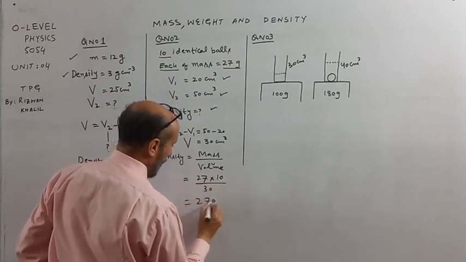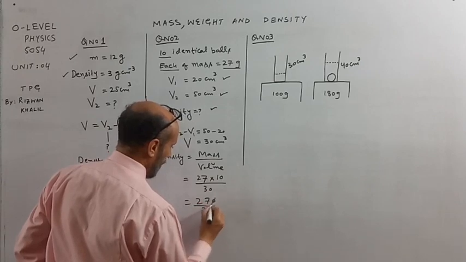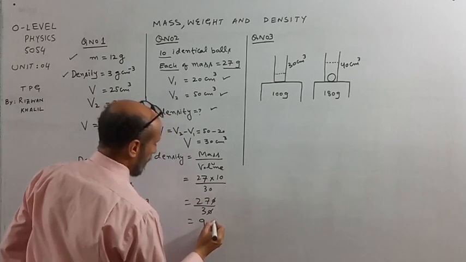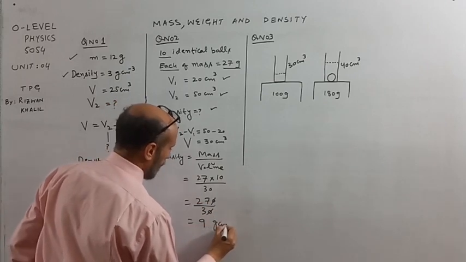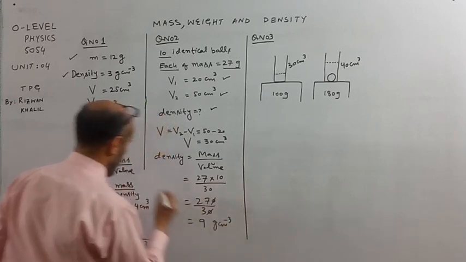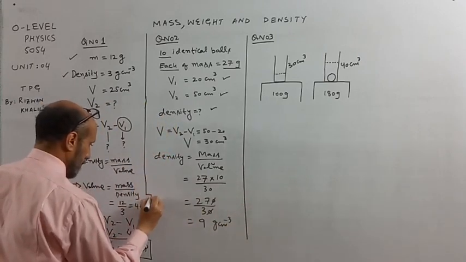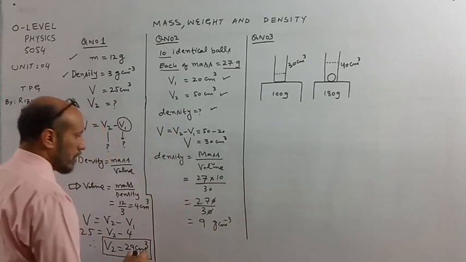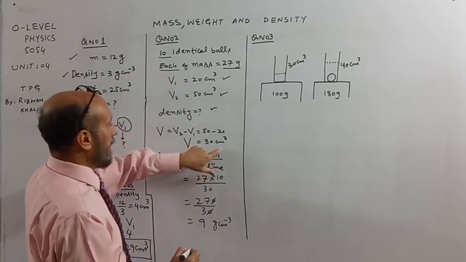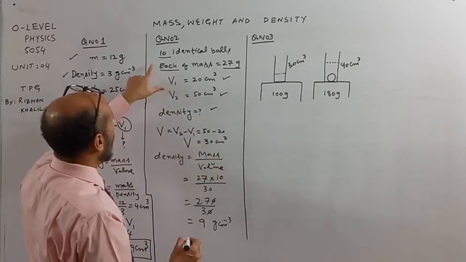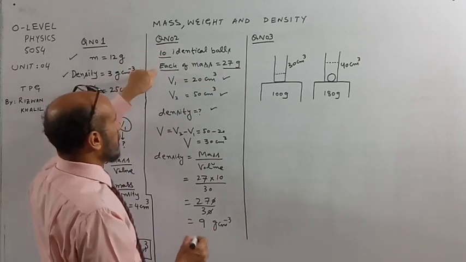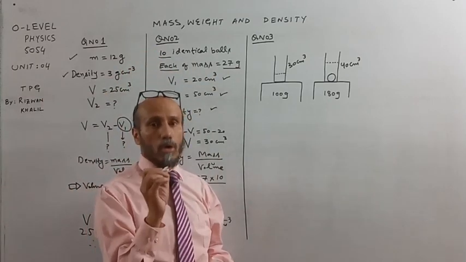So 270 over 30. The answer is 9 grams per cubic centimeter. Make sure that while putting the value of mass, we multiply this value by 10 because this is the mass of a single ball.